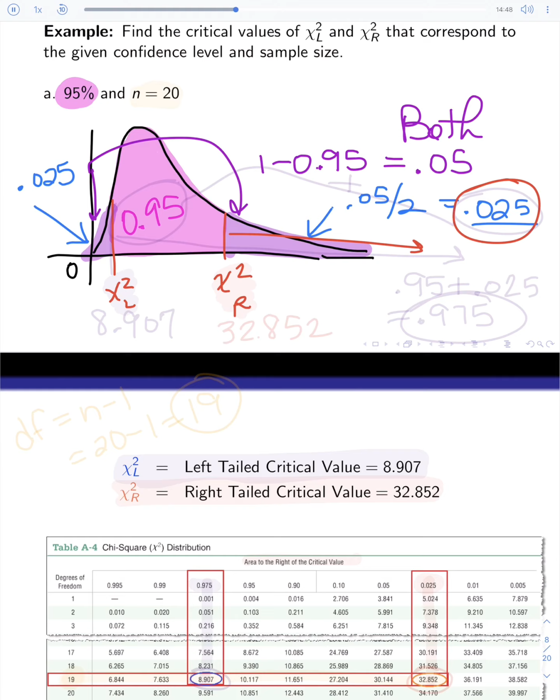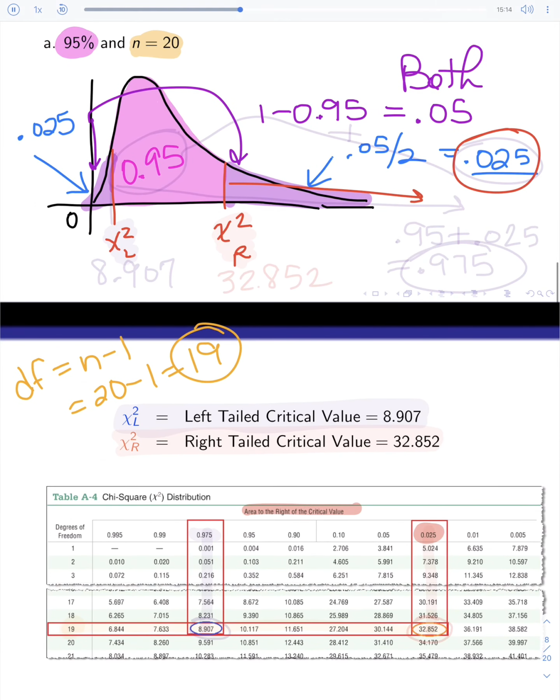So what we'll do is we've got our area to the right of our critical value of 0.025, and we've got our n, which was 20, which means our degrees of freedom, our df, is n minus 1, which is 20 minus 1, which is going to be 19. So we'll take our 19 here and our 0.025, and we'll figure out where we overlap.